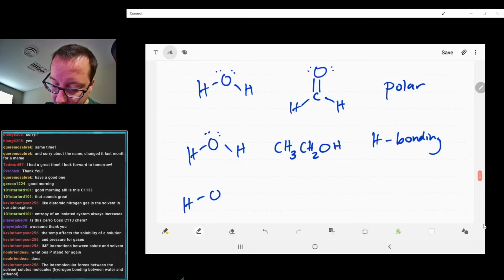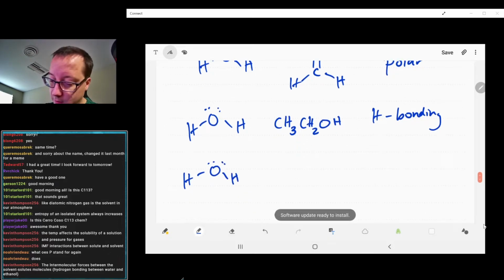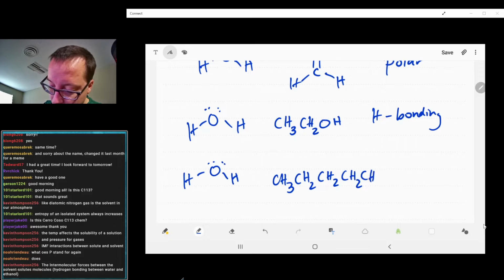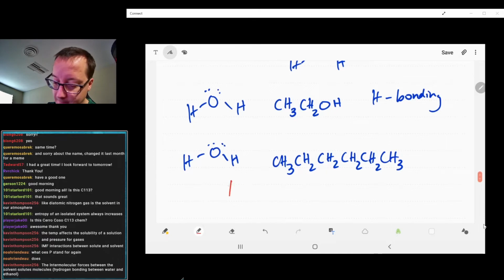However, if we take our water molecule and put it with, let's put a hexane in there, something you can find in gasoline, that would not work. That would be immiscible.